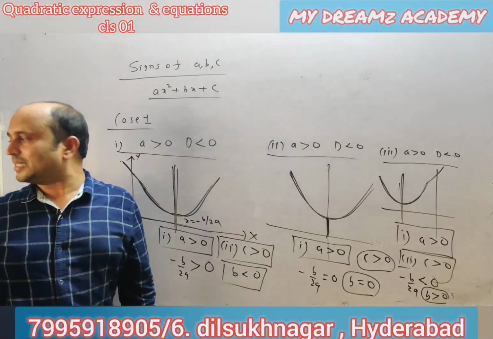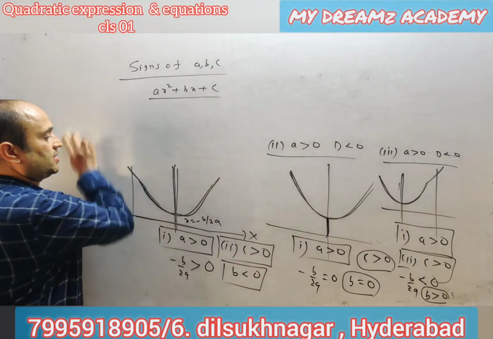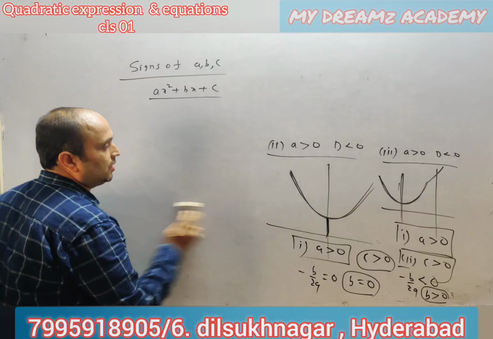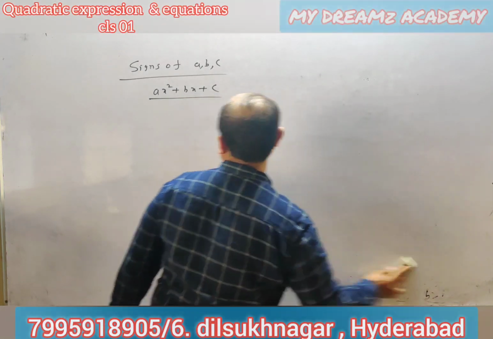Now I want to discuss case 2: suppose a is greater than 0 and discriminant is equal to 0.